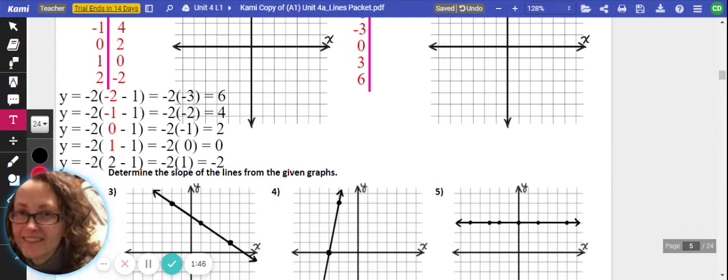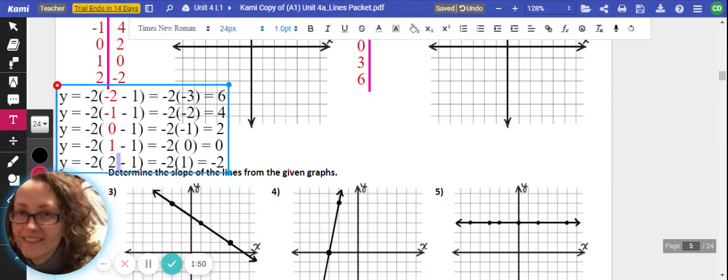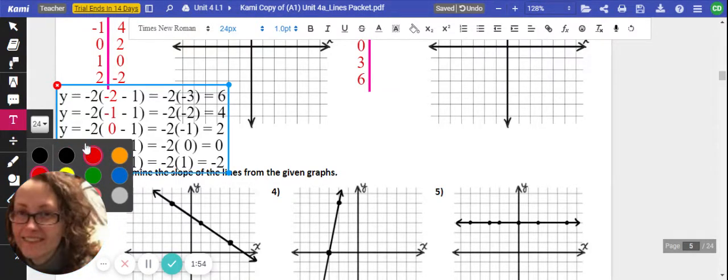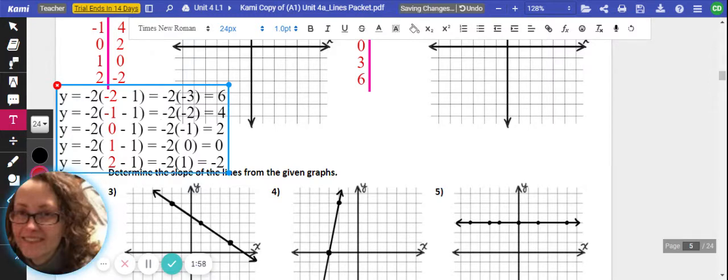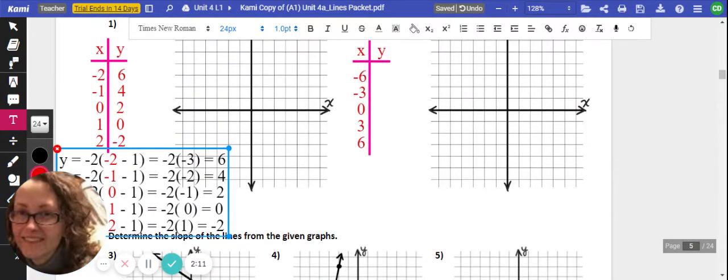And then I can go ahead and substitute in each one of those x values to give me my corresponding y values. So if I plug in a -2, I get out a 6 for my y value. My y is equal to 6. If I plug in a -1, I get out a 4, so on and so forth.